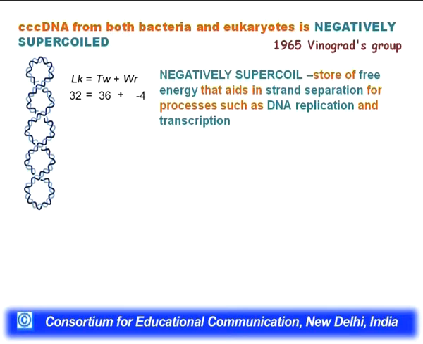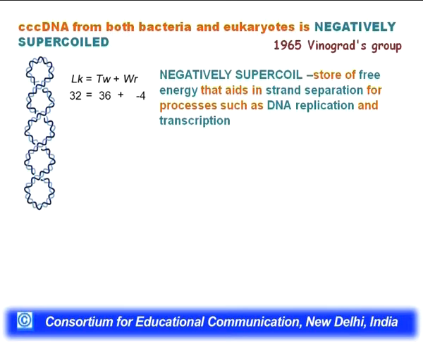A forms 2 bonds with T and G forms 3 bonds with C. If you want to separate these 2 strands, if you want to break the hydrogen bonds, you need to provide the energy. The replication occurs on a single strand. The transcription occurs on a single strand, because they read from a single strand DNA sequence. They do not read from double strand sequences. So, the 2 strands have to be separated. So, for separating the 2 strands, you need the energy.